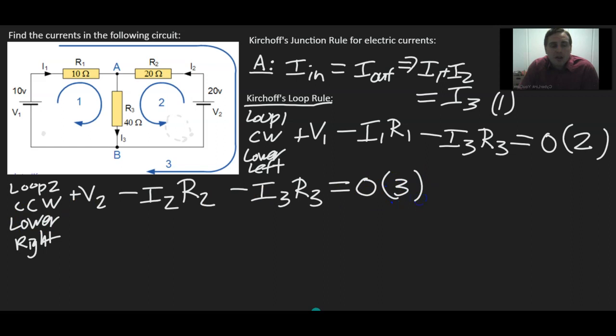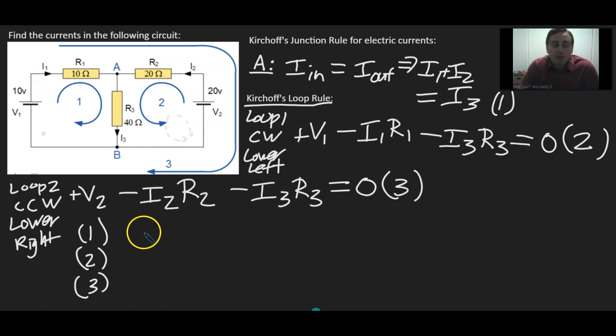Now what we should do is write these equations in a nice format to try to solve these. So we have 3 linear equations: equation 1, equation 2, and equation 3. So what I want to do is write I1, then I2, then I3 with coefficients in that order. I want to put all constant terms on the other side.